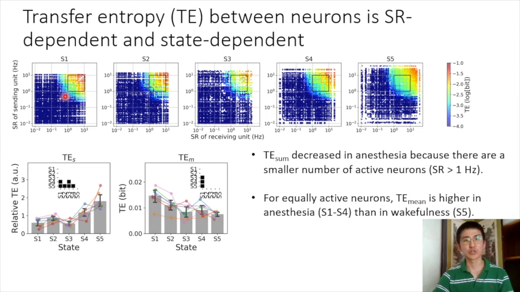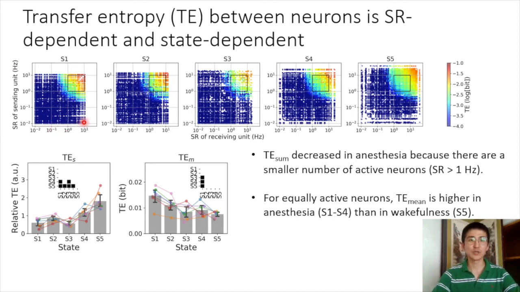Now we measure transfer entropy, a measure of information transfer between individual neurons. Because spike itself is in part a result of a neuronal interaction, TE is expected to be positively correlated with spike rate. Here, x-axis is spike rate of receiving unit or neuron, and the y-axis is spike rate of sending neurons. And the dots represent individual neuron pairs.